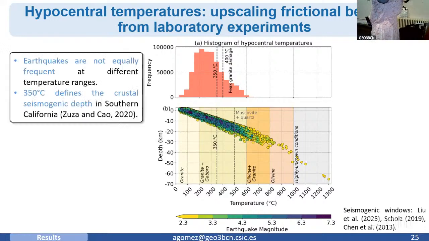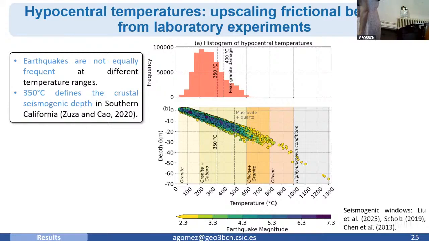So first, we already observed that earthquakes are not equally frequent at different temperature ranges. So we have a spectrum of temperatures at which earthquakes are nucleating. However, previous studies in the area have suggested that the 350 degrees isotherm might define the seismogenic depth in California.